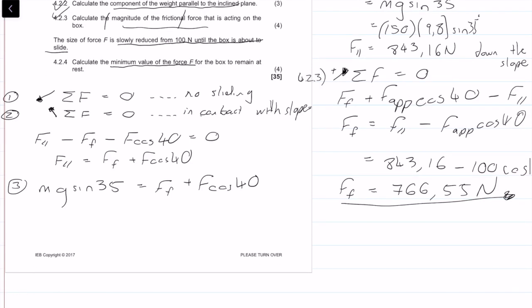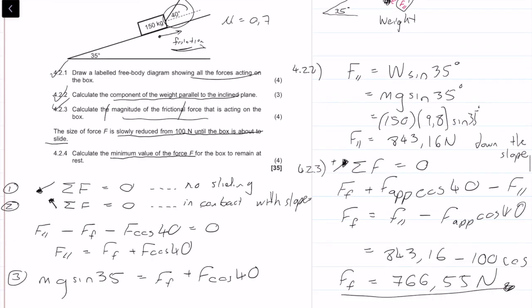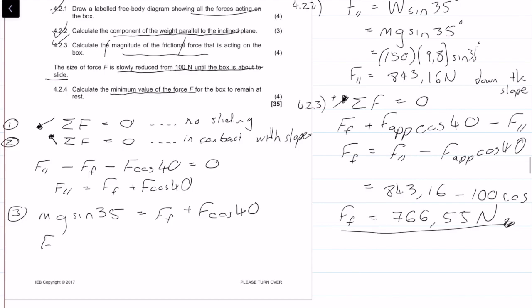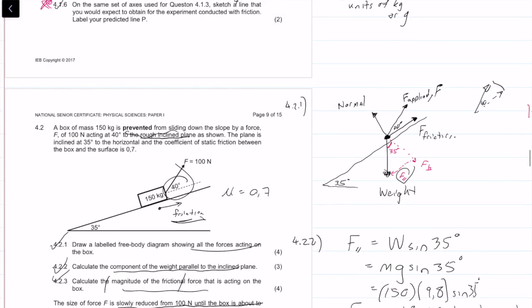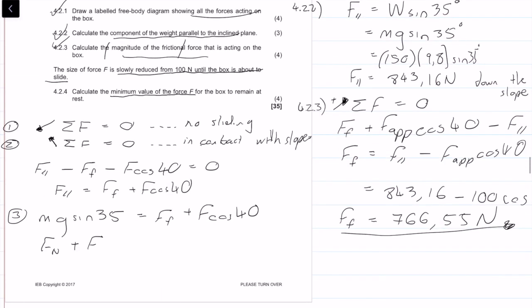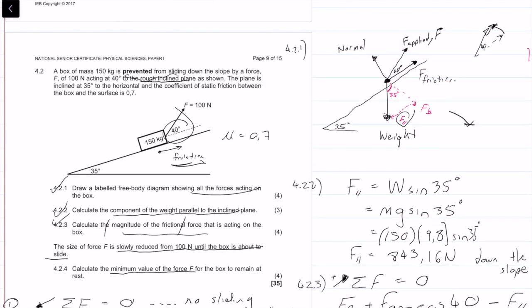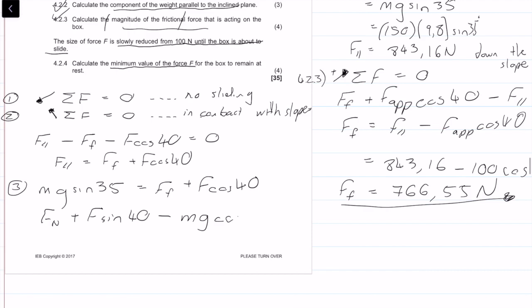Then we're going to look at perpendicular to the slope, with upwards being positive. So we have the normal force, Fn, plus this component of the applied force, which this time would be F sine 40, minus F perpendicular, which would be mg cos 35, is equal to 0.